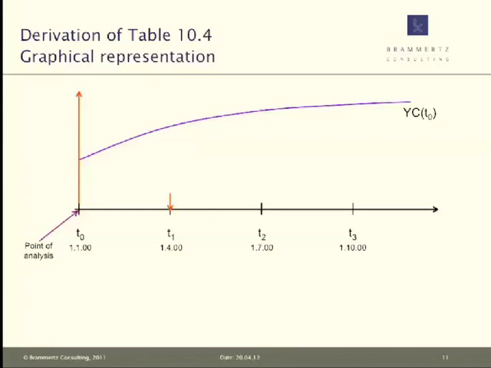Via which mechanism does interest rate affect that? We said sensitivity is change of value over change of rate. So how do we get from this cash flow to value? Discounting. So we discount, and in discounting, the rate plays a role again.